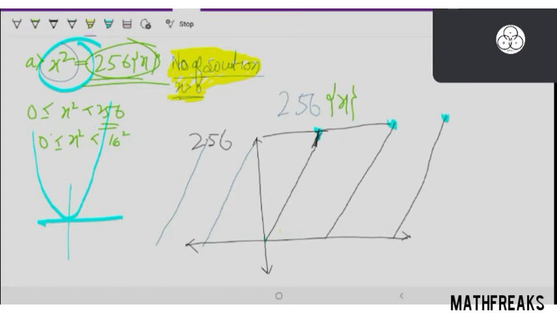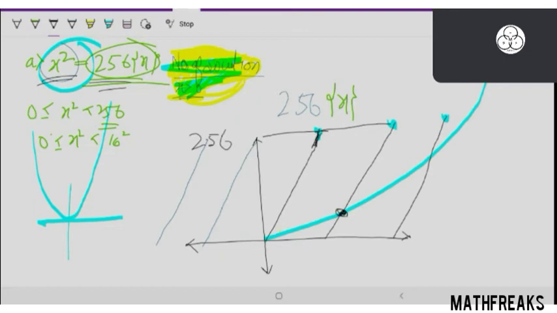So here we are only interested in the positive solutions, so I am drawing for the positive side. In every place where the two graphs cut each other, that will give us a solution, right?